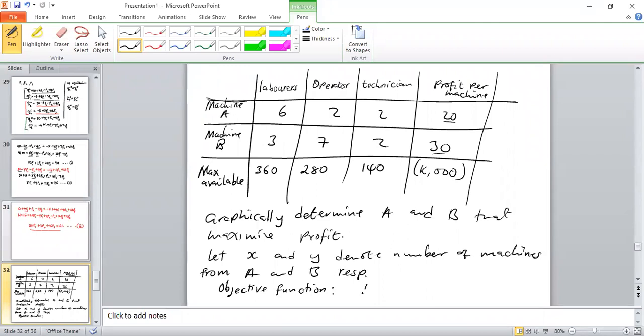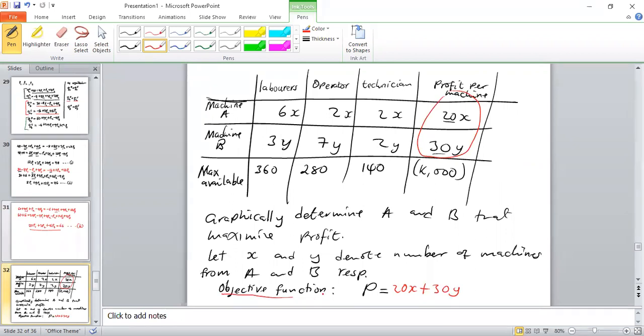So P equals, for machines A and B we have X and Y. We are interested in this column. So the profit function will be 20x plus 30y. This is the objective function.